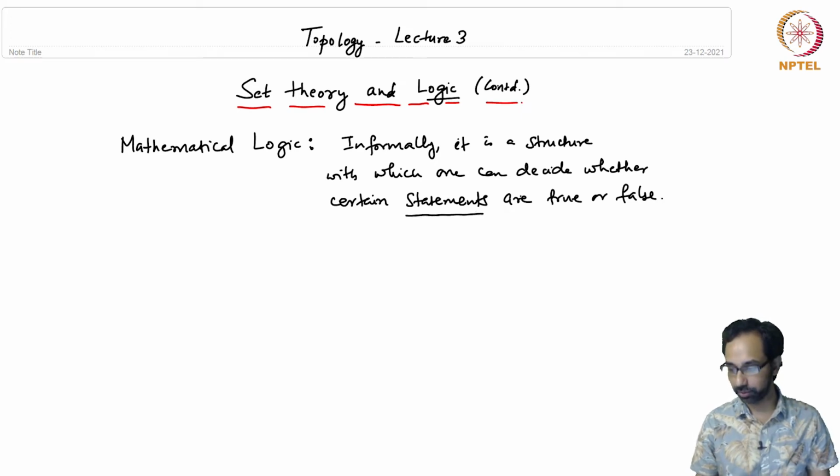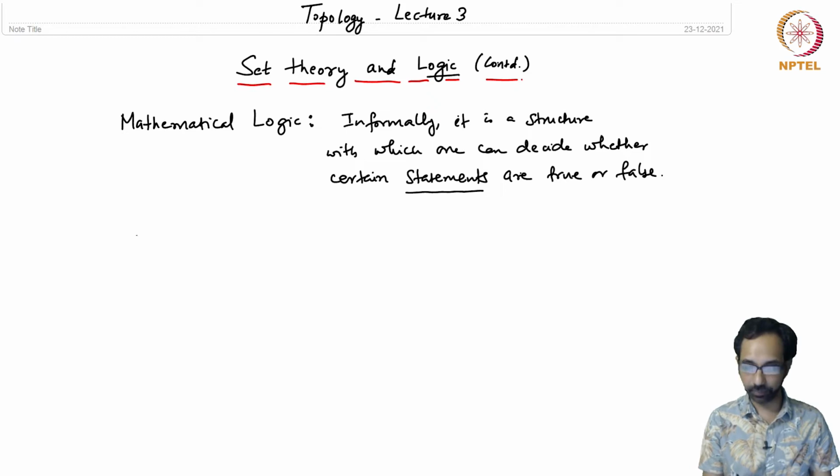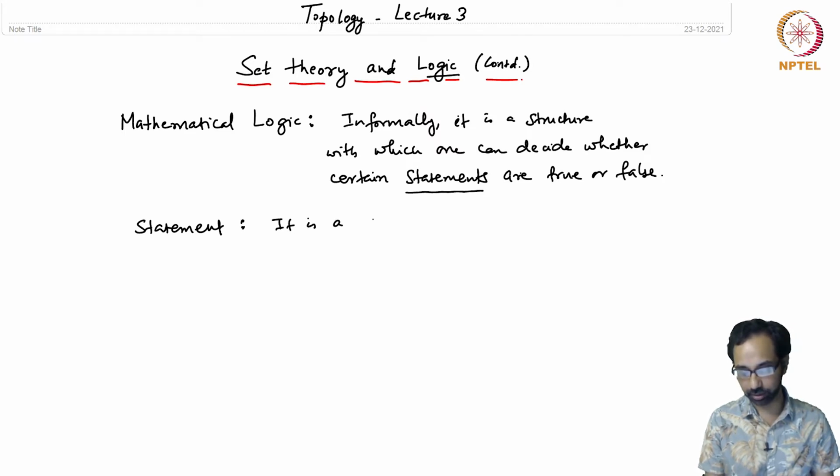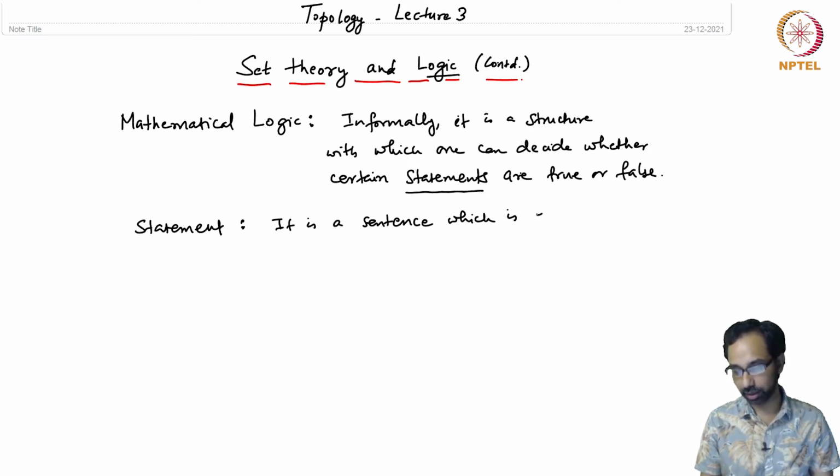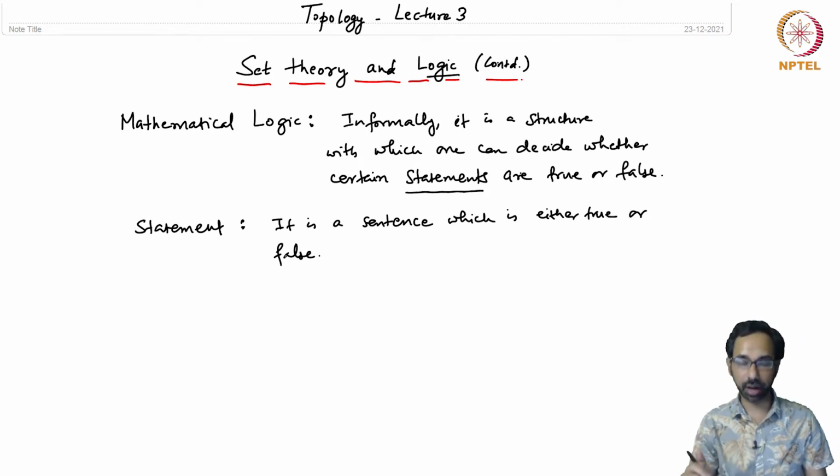So let me try to informally again give what it means. A statement is a sentence which is either true or false. So it is a particular kind of sentence.